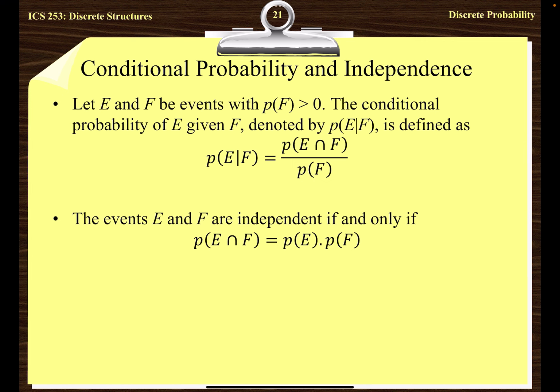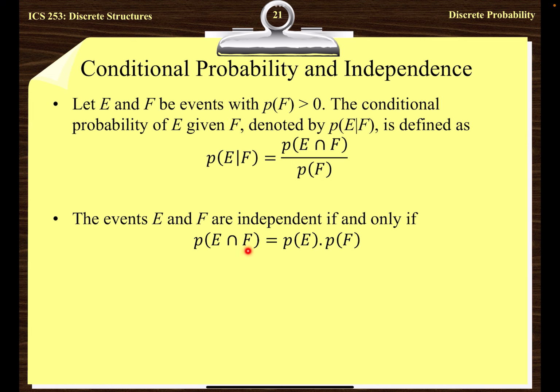Now, the other thing related to this is the independence of E and F. When do we say that two events are independent? Well, we say that two events are independent if and only if the probability of the intersection of the two events is the product of their individual probabilities.